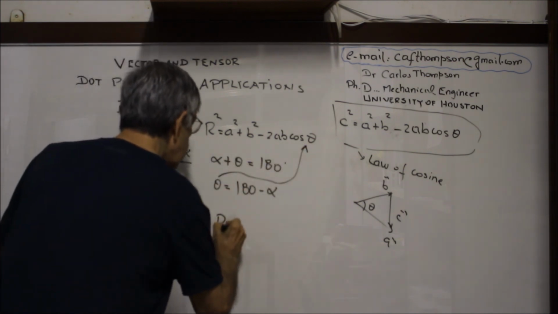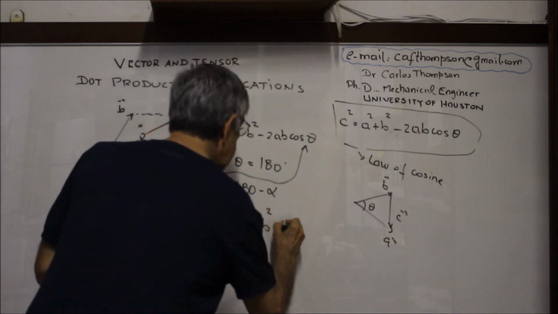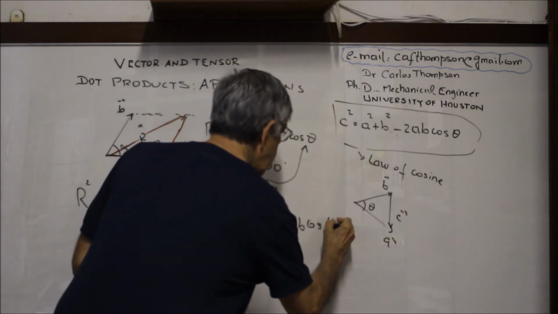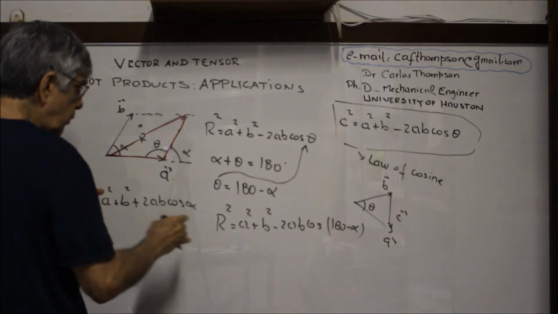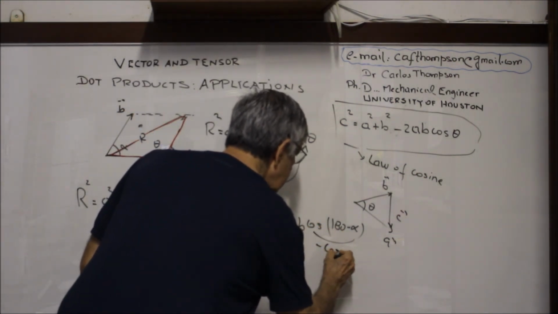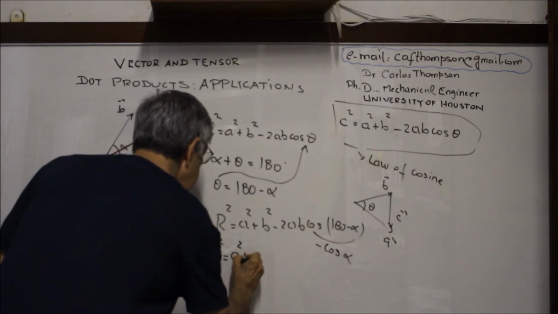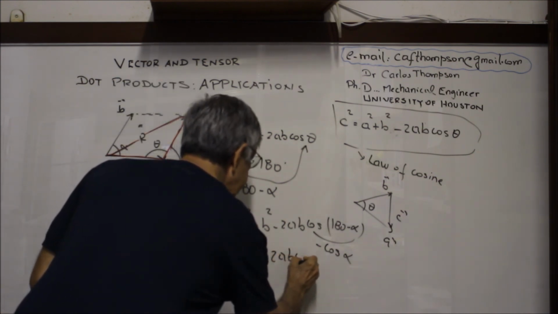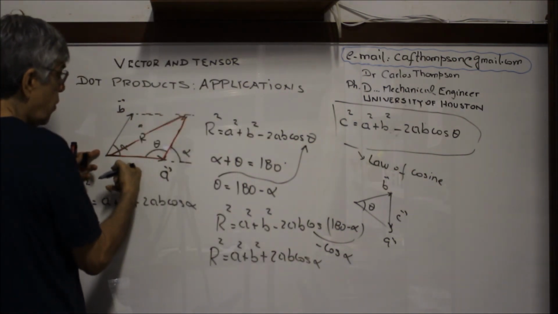So R squared is equal to A squared plus B squared minus 2AB cosine of 180 minus alpha. Cosine of 180 minus alpha is minus cosine of alpha. So R squared is equal to A squared plus B squared plus 2AB cosine of alpha. You see, this is the law of cosine.